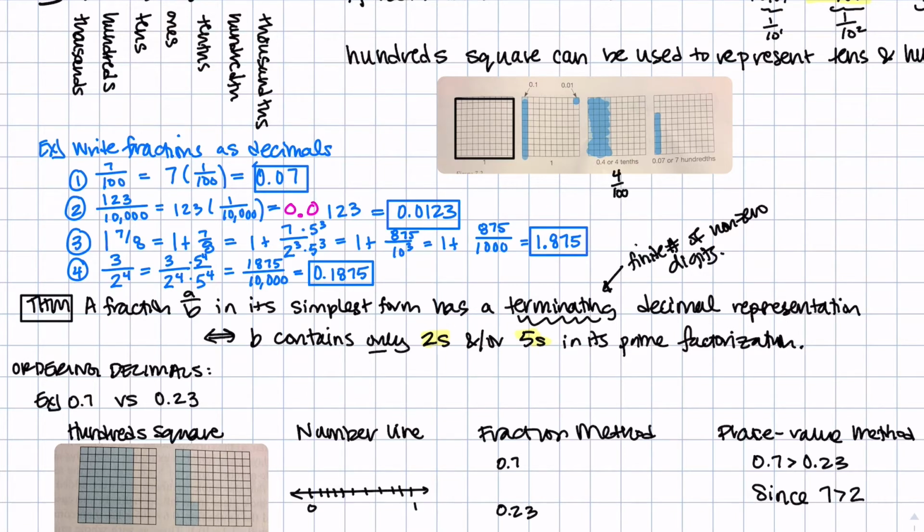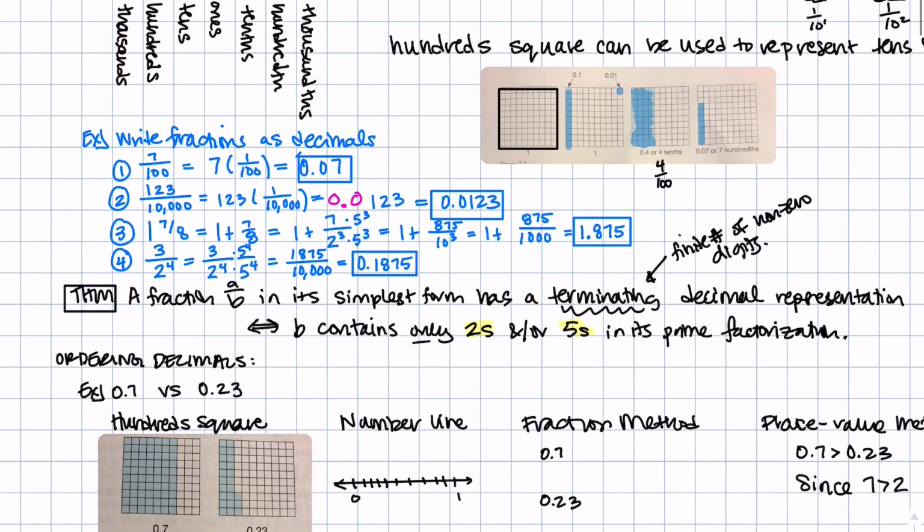That's kind of alluding to these last two examples, where we had powers of 2 in the denominator, and I multiplied by powers of 5 to get powers of 10. I could do the same thing if I started with powers of 5 and multiplied by powers of 2 as well to get a nice decimal representation. So here we had powers of 2 and 5, so we got a nice terminating decimal representation.